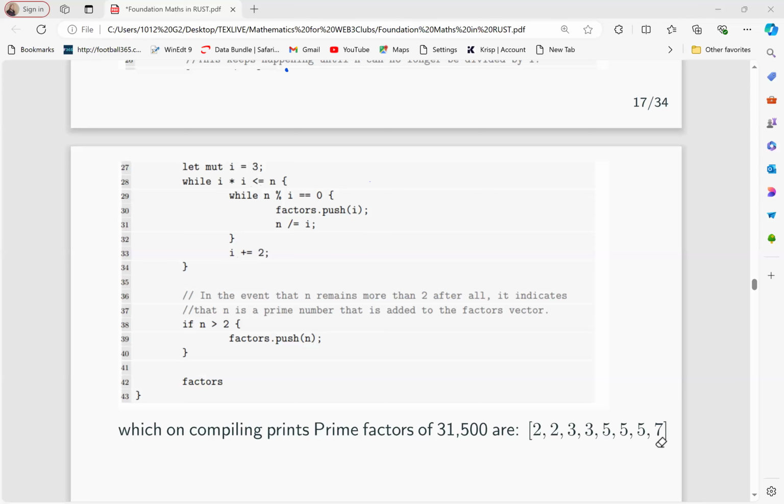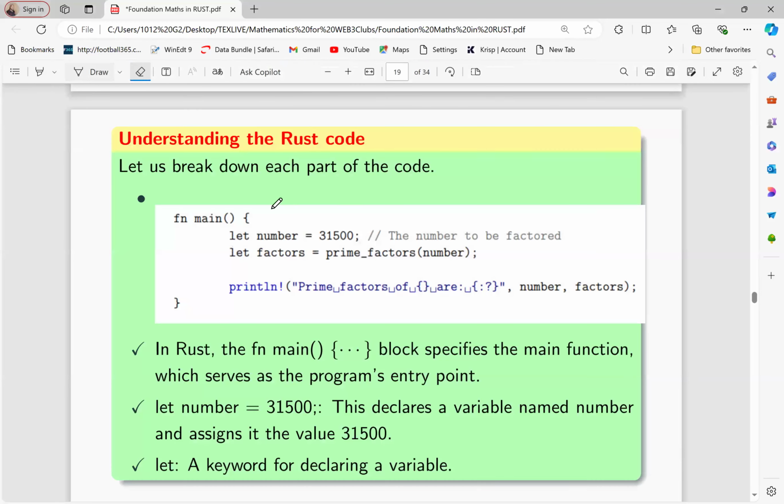Okay, so let me now share the notes so that we go through the steps. So what I was doing here was breaking the code into bits so that I explain, but I've already done that.